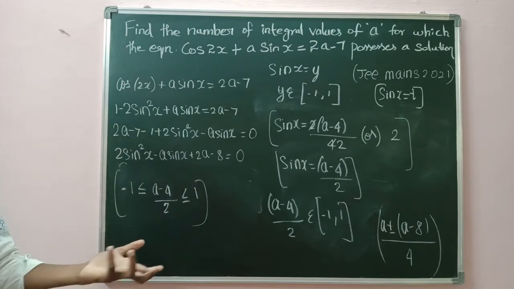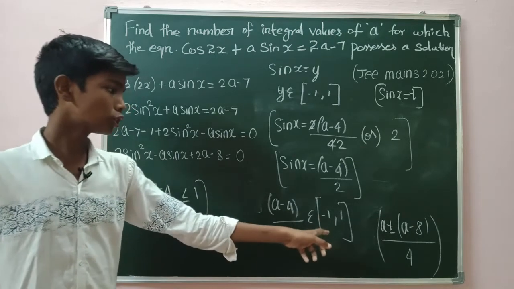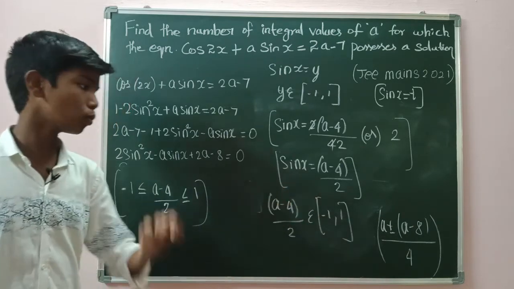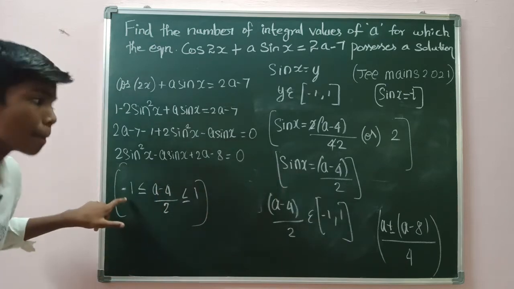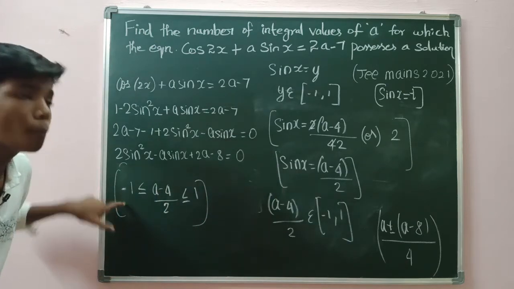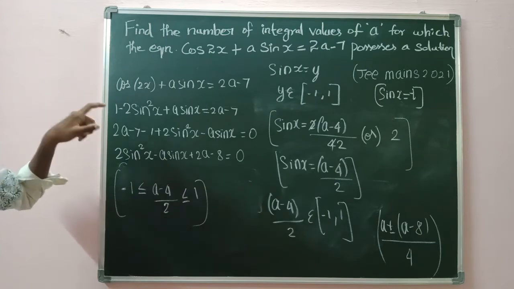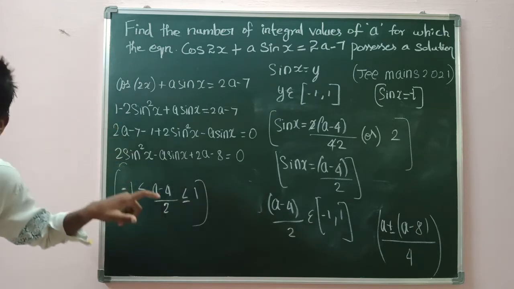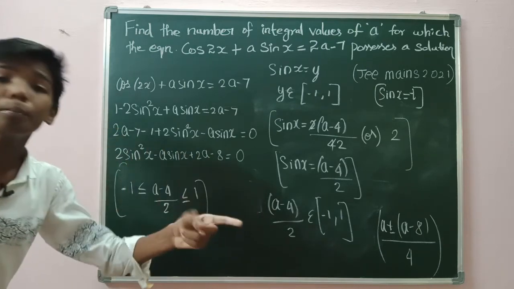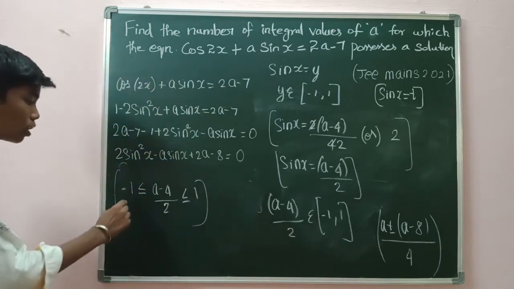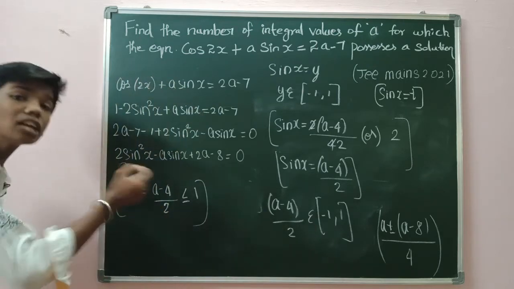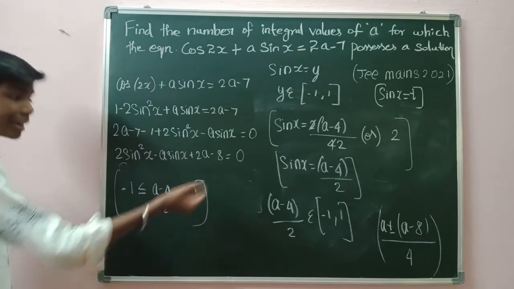Because it belongs to the closed bracket minus 1 to 1, the closed bracket means minus 1 is also included. A bracket of a comma b means a and b belong to the interval, and that's why I wrote minus 1 less than or equal to and less than or equal to 1.